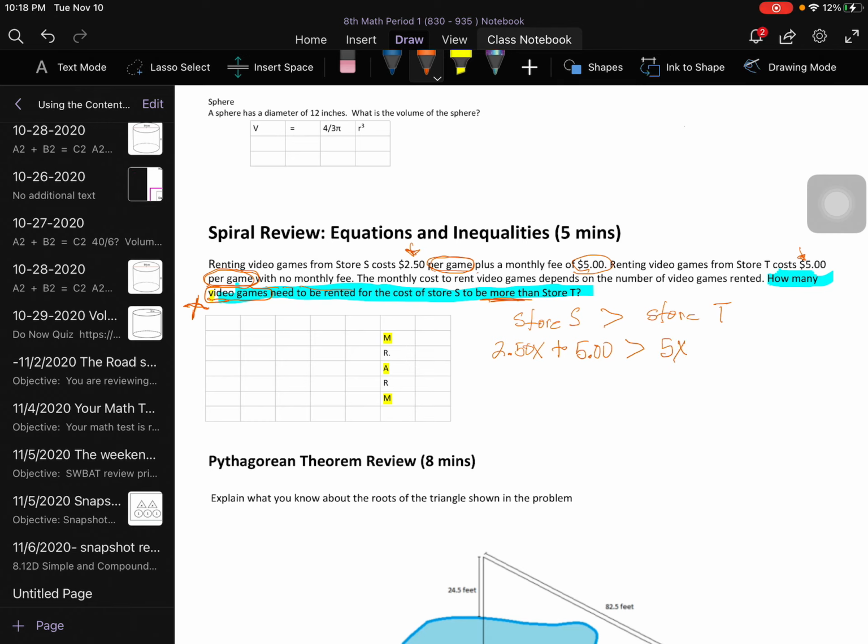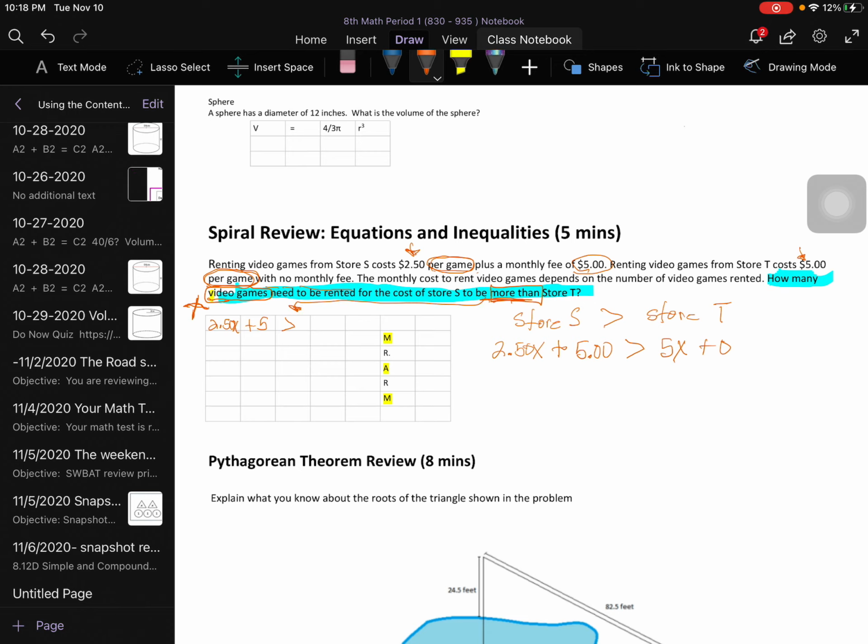So let's go ahead and put that in. 250x, then plus 5 is greater than, because remember it said more than, so that is the greater than sign. And then we have 5x and plus 0. Do you have to write the plus 0? No, you don't have to, but you can if you want.